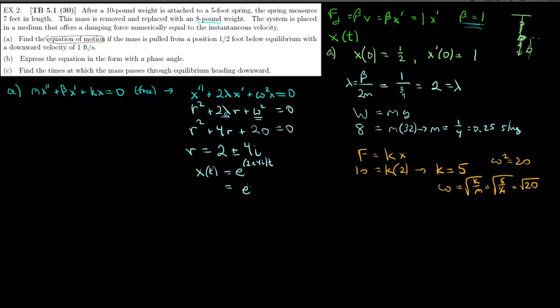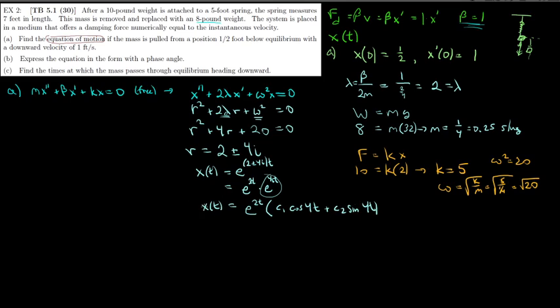We usually split those up as e to the 2t times e to the 4it. But the e to the 4it gets resolved into sines and cosines. So you get e to the 2t times, let's say, c1 cosine of 4t plus c2 sine of 4t. So that's x of t.